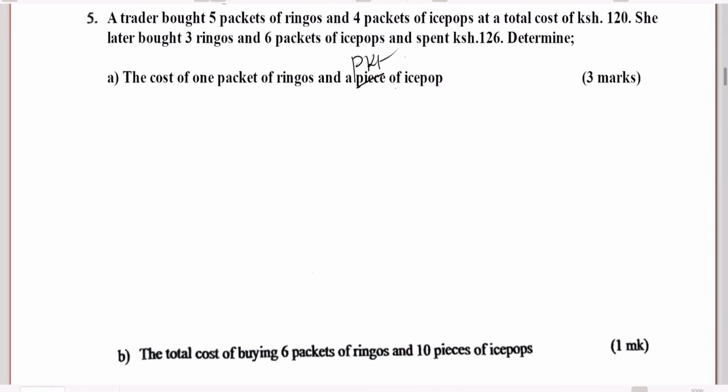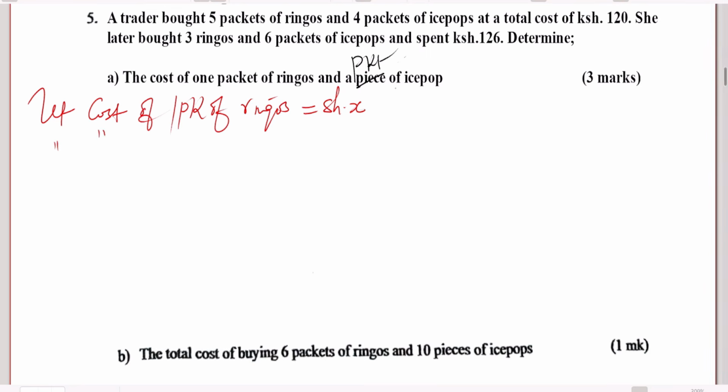We can let the cost of 1 packet of Ringos be X shillings, and the cost of 1 packet of ice pops be Y shillings. Therefore 5 packets of Ringos will cost 5x, and 4 packets of ice pops will be 4y, and that will give a sum of 120.